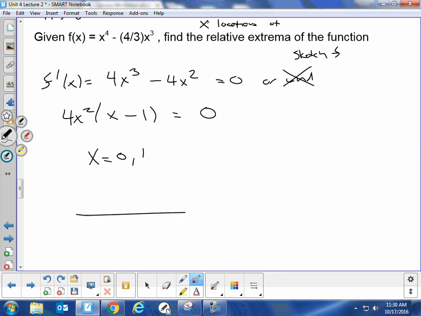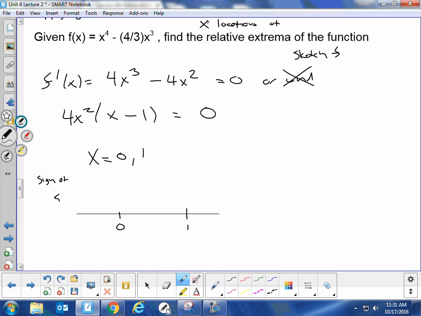You don't care about plugging in numbers. I like to start on the right. Plug in 2, positive times a positive, definitely a positive.